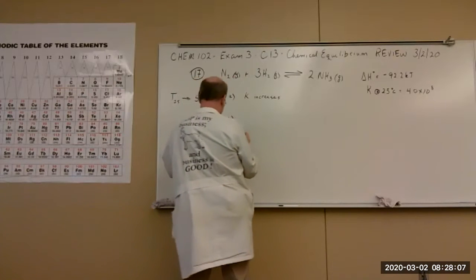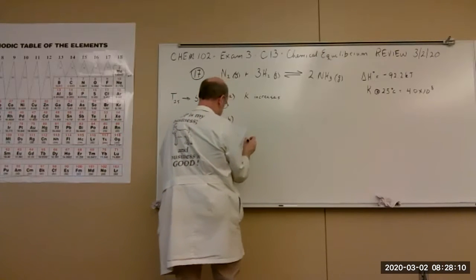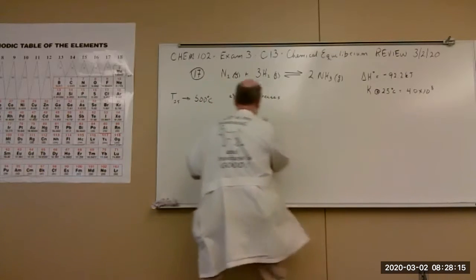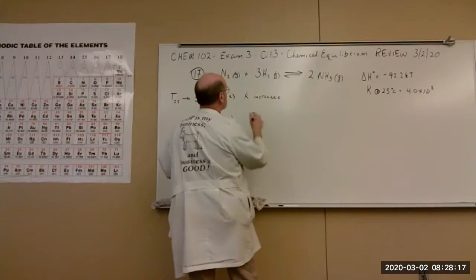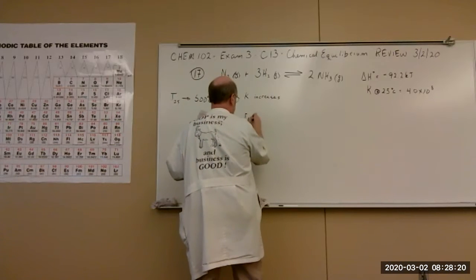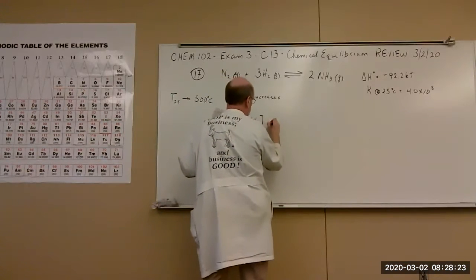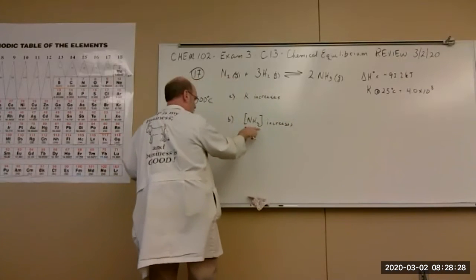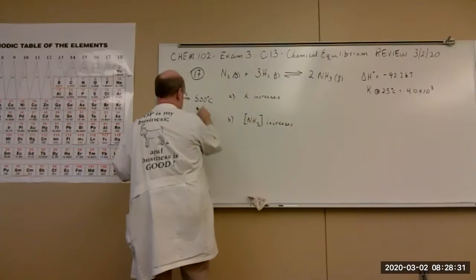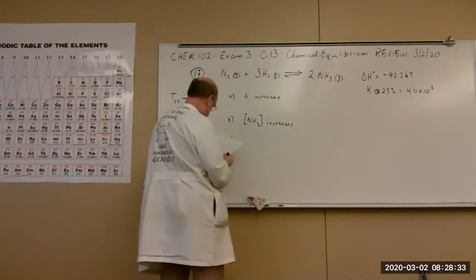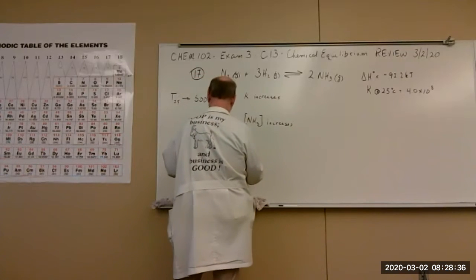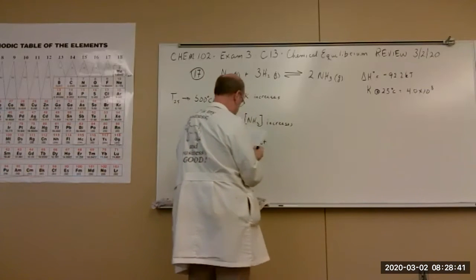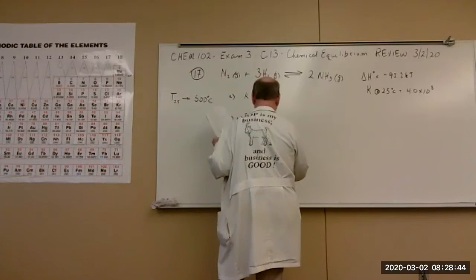B, at equilibrium, more ammonia is present at 500 than at 25. Ammonia. Let's do it this way. That increases. C, at equilibrium, this value is higher at that changed temperature. D, product formation is not favored as the temperature is raised.